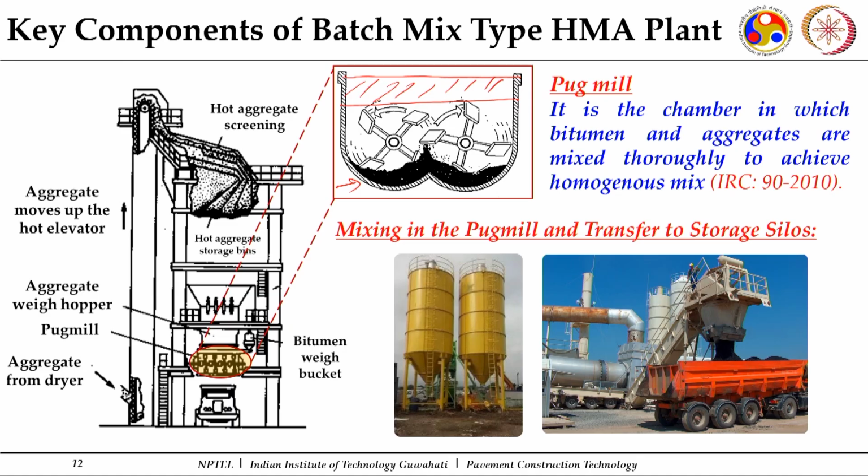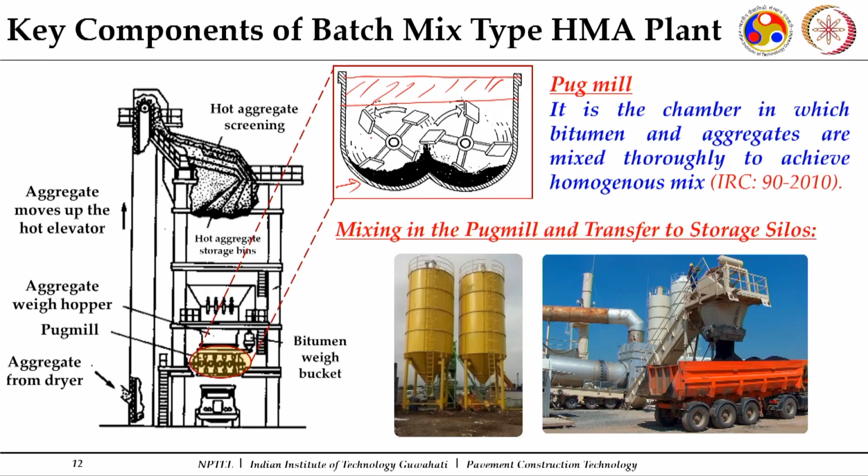That is why an adequate quantity has to be added, and this will depend upon many features of the pug mill, including the paddles, the shape of the paddles, and the number of the paddles. All these play a role. So, the pug mill is the chamber in which bitumen and aggregates are thoroughly mixed to achieve a homogeneous mix.